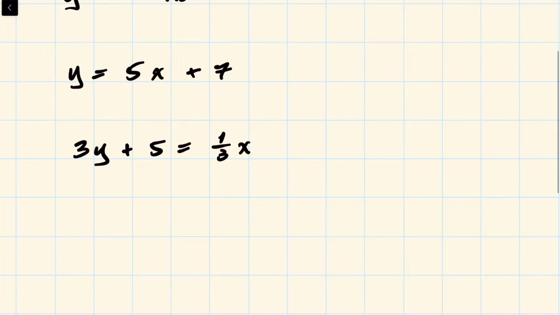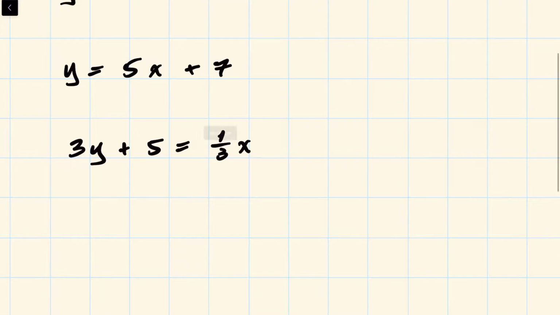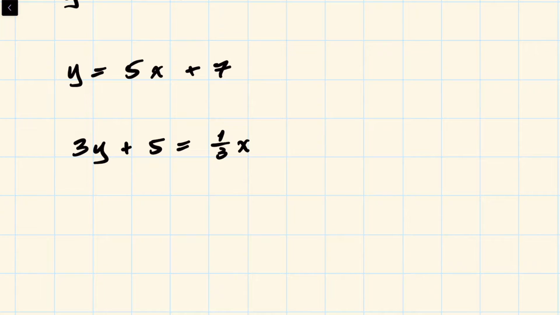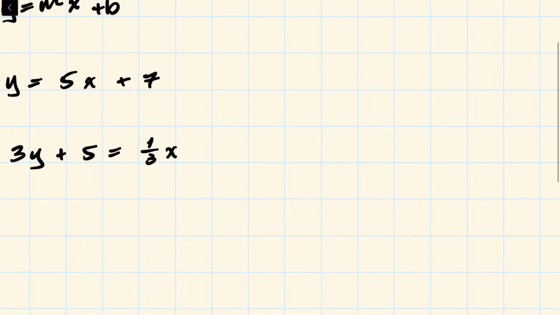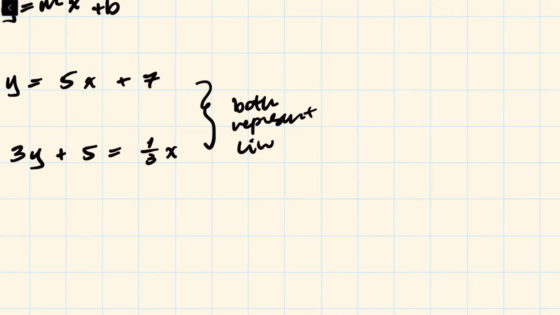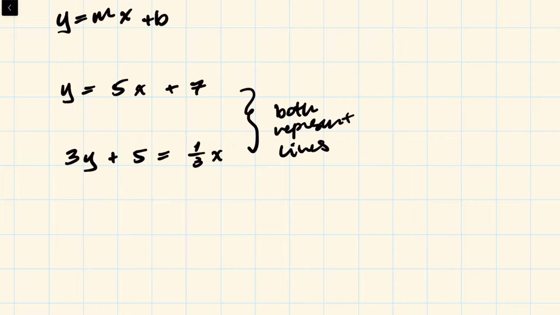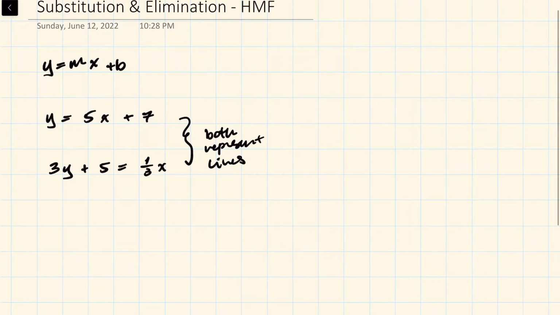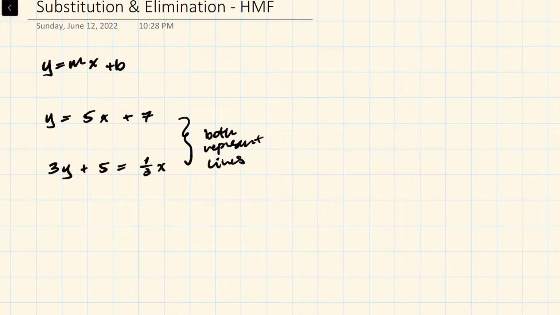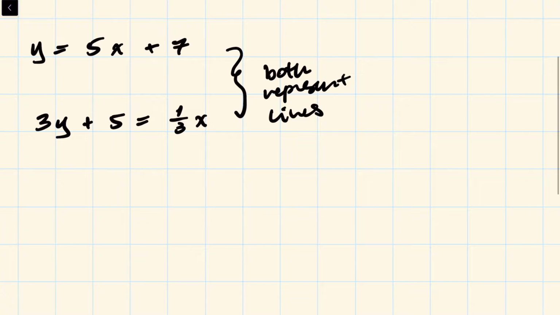And so we want to solve for x and y here. We want to find the point at which these two lines intersect, because these two equations both represent lines. In order to do that, we're going to use one of two methods, so we'll start with substitution.